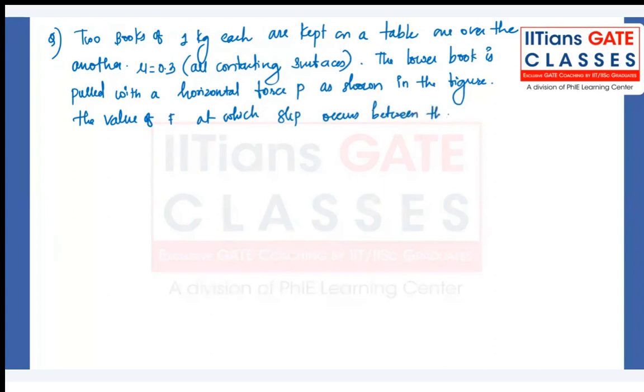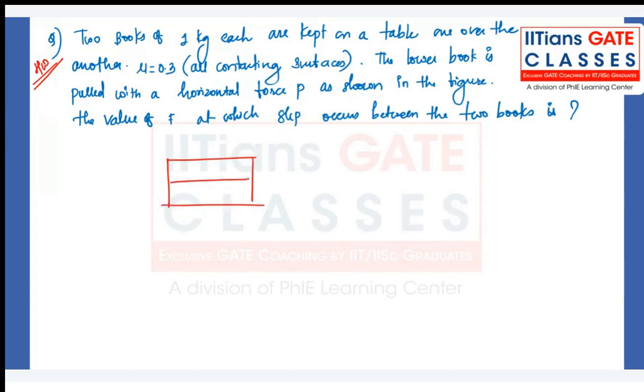Okay, this is your homework question. Try to solve it whenever you have free time, and if you feel difficulty, I will help you solve. The question here is we got two books of 1 kg each, and we are applying force to the book which is kept at the bottom.